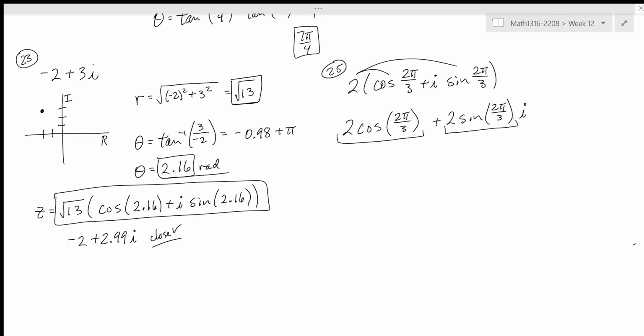So let's see, what is 2 cosine 2 pi over 3? Negative 1. And what about 2 sine of 2 pi over 3? Is that square root of 3? Square root of 3?